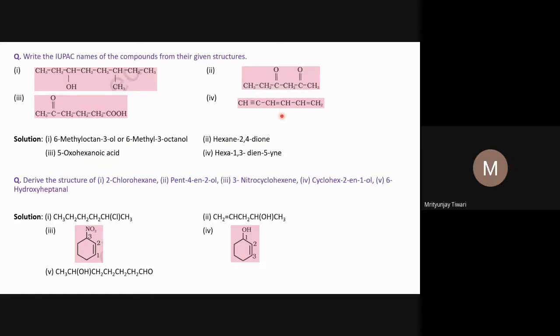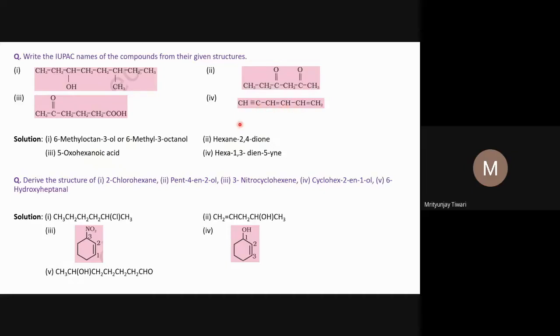Now for this compound, numbering will start from this end or that end. You have to understand that you should start numbering from this end, because ene is preferred over yne, and ene comes first in alphabetical order when they are at the same position. Numbering one way gives 1, 2, 3, 4, 5, 6. The other way, 1, 2, 3, 4, 5.